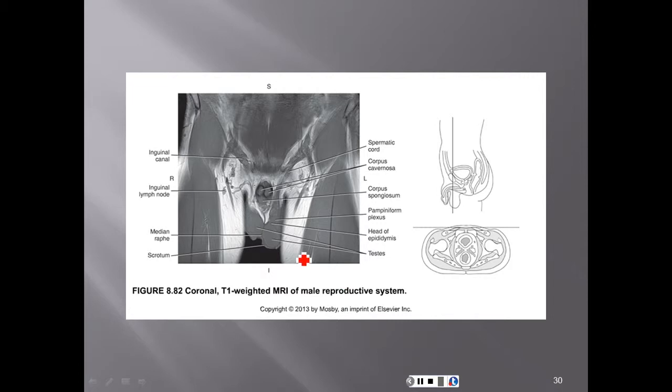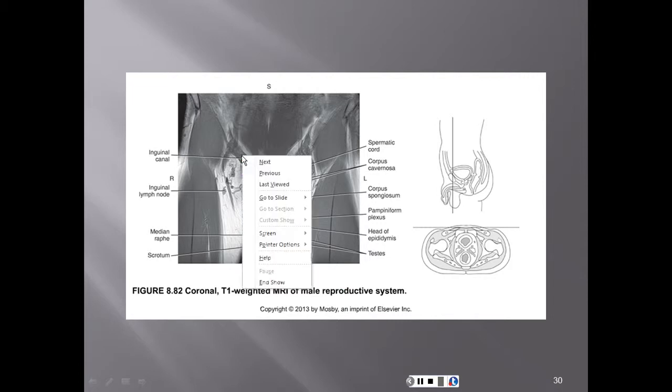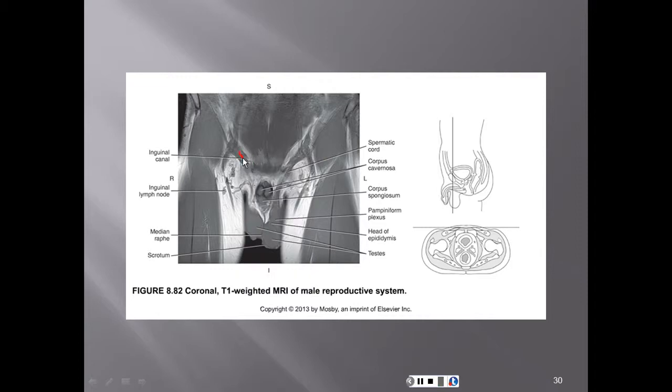So we want to see the inguinal canal. See the inguinal canal coming down there with the spermatic cord inside of it, and it's traveling down to the scrotum, and here's the testis.